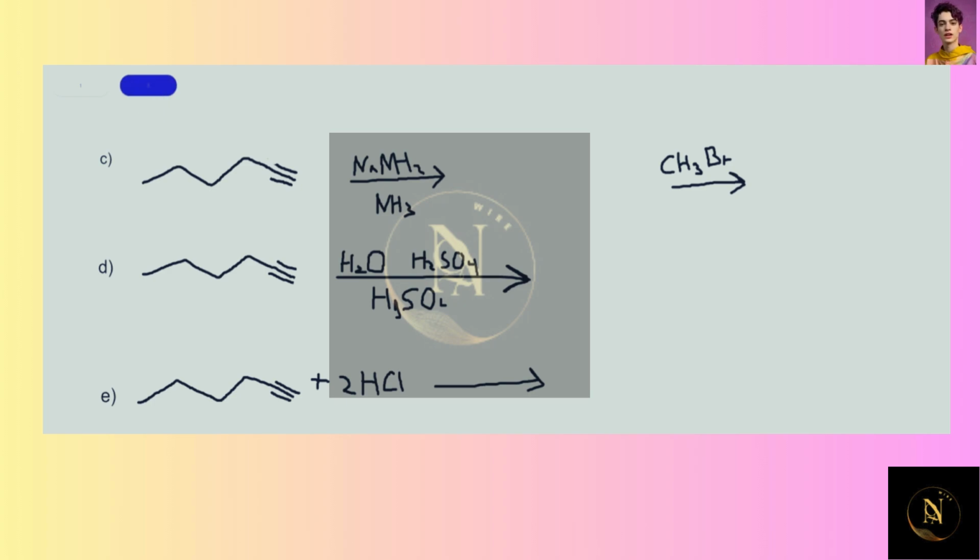Now let's look at the next part. We have a strong base, which will remove the terminal hydrogen from the triple bond, and this is in liquid ammonia. So we will have a negative charge on our terminal carbon.